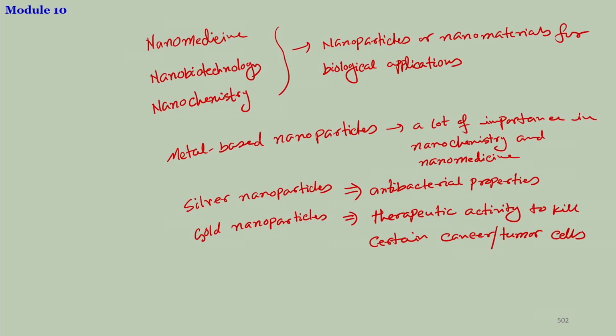tumor cells. So, gold nanoparticles, in the literature you will find there are many different types that have been synthesized, that have been developed, and people are doing research on them. Many of those varieties show pretty good activity against tumor cell lines.